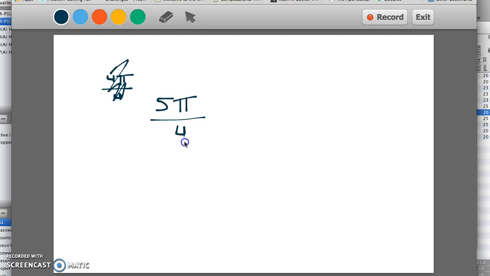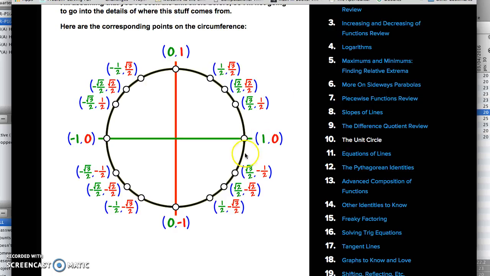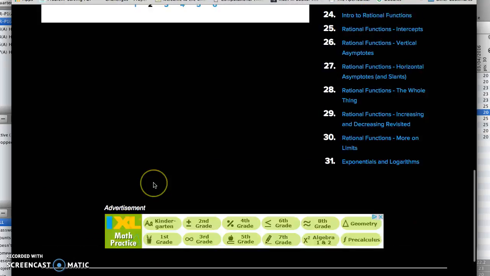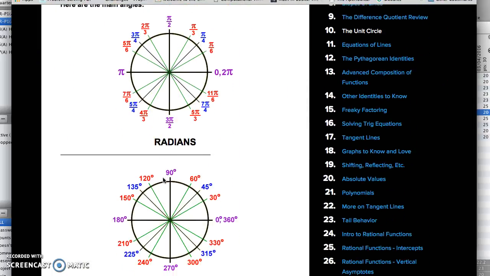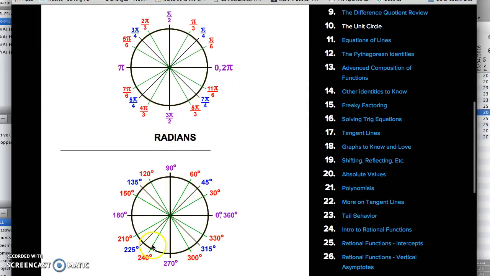Sorry, this is not a good visual, let me give you a better one. That's the visual I showed you, but if we browse it over here, we can see there it is, 225 and 315, and there it is, 5 pi over 4 and 7 pi over 4.